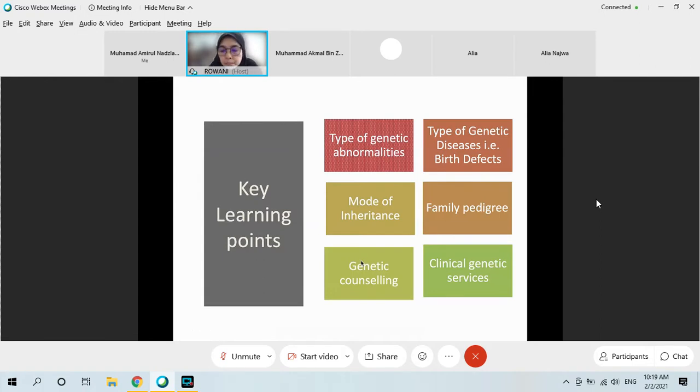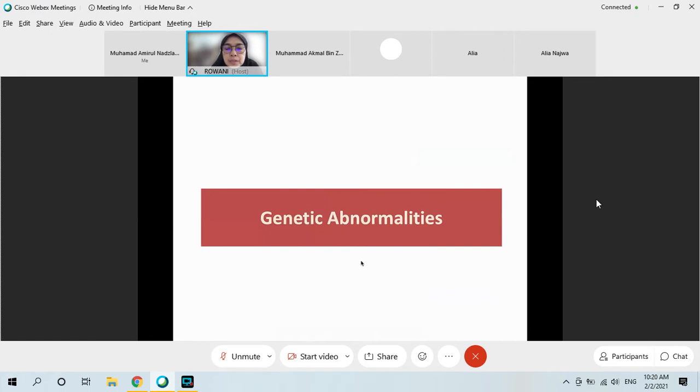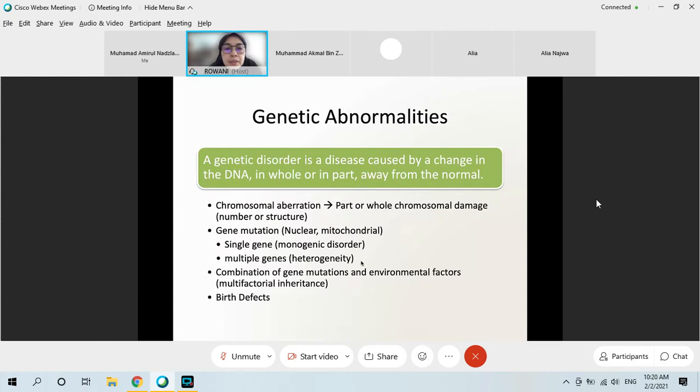Now let's look at the types of genetic abnormalities. Sorry, let's just talk about genetic disorders first. A genetic disorder is a disease caused by a change in DNA, in whole or in part, away from the normal.